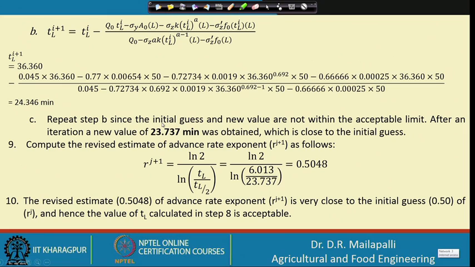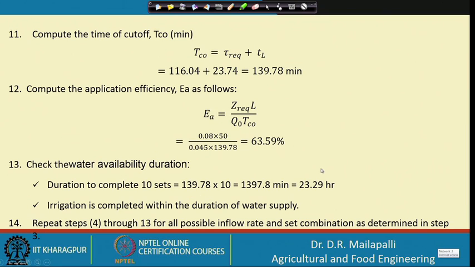Once you get two advance points, you find out the new r, and then see whether the new r is close to the initial r. The initial r was 0.5 and the new r was 0.5048.